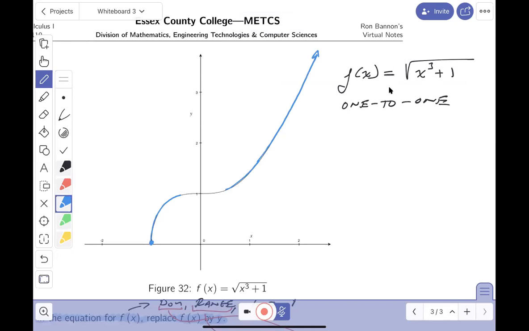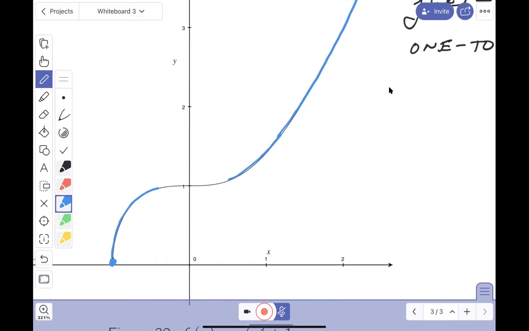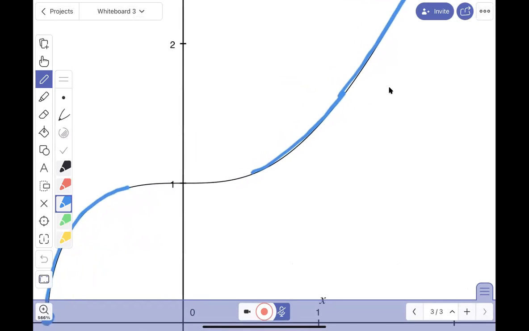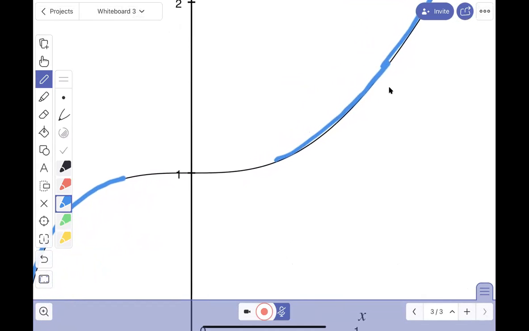What I'm going to do is blow this region up here. And this is where a lot of students get horribly confused. They say, I think I could draw a horizontal line here that hits it more than once. And this is what's known as an artifact of looking at the picture.